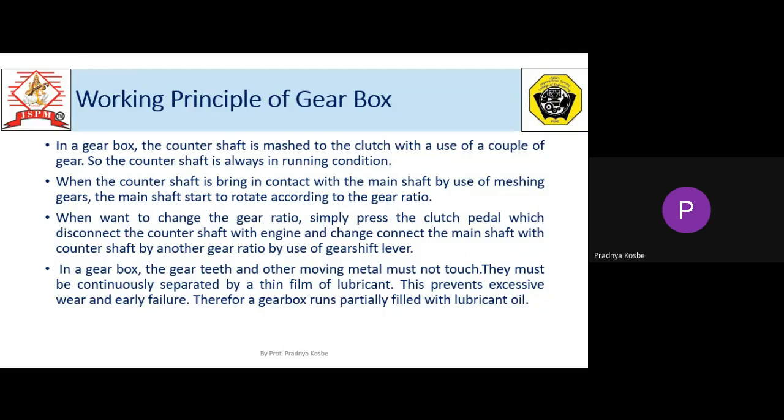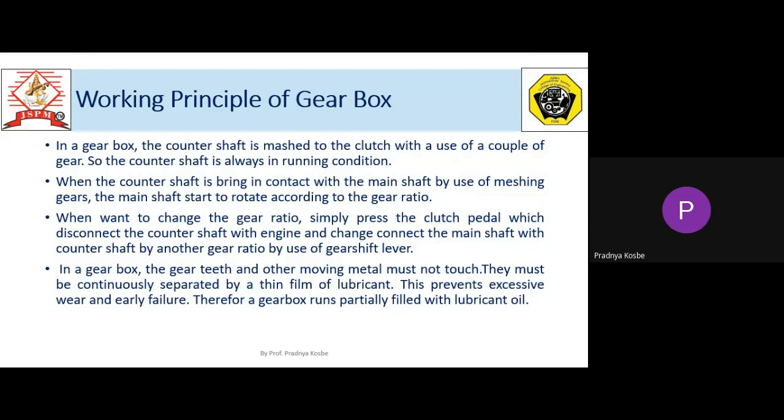Now, next is what? These parts should not touch each other, as they are moving members. In a gearbox, the gear teeth and other moving metal must not touch. They must be continuously separated by a thin film of lubricant.